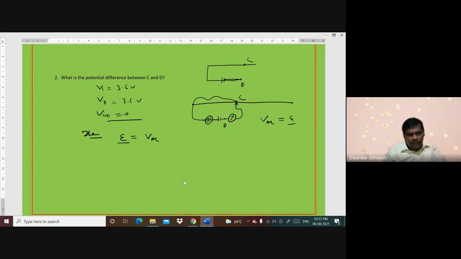Why EMF? Why not the terminal potential? Because no current is flowing through the cell. The cell is here open circuited.